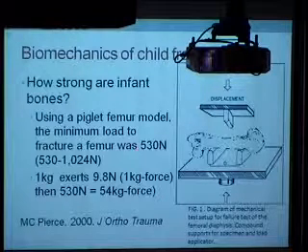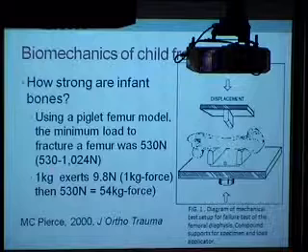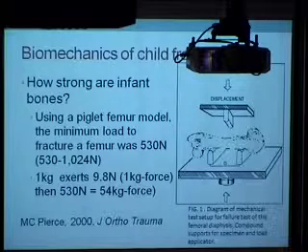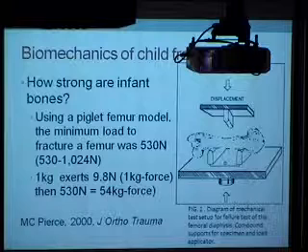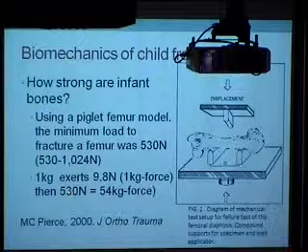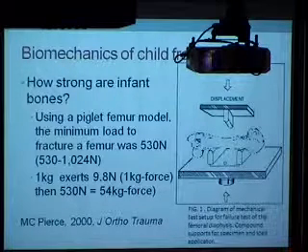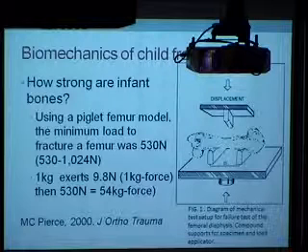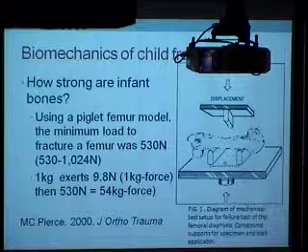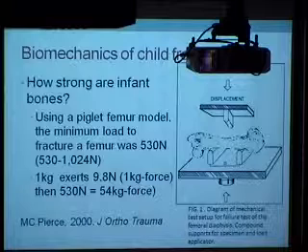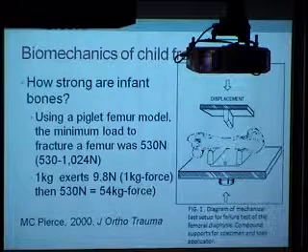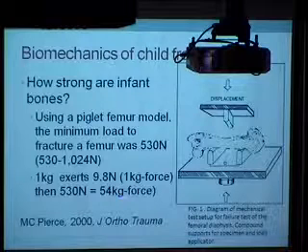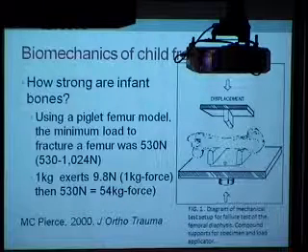They found that the range was from 530 to 1,024 newtons, which meant I had to Google what a newton was again. 1 kilogram exerts 9.8 newtons, which is a kilogram of force, if you look at it that way. Therefore, the lowest fracture load in her study was equal to 54 kilograms of force.